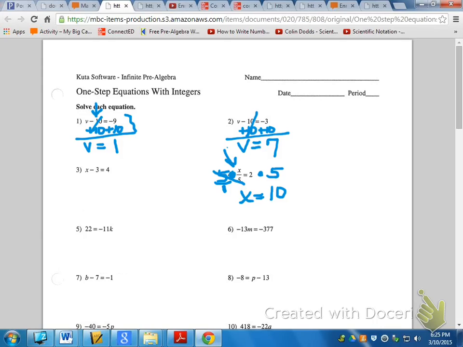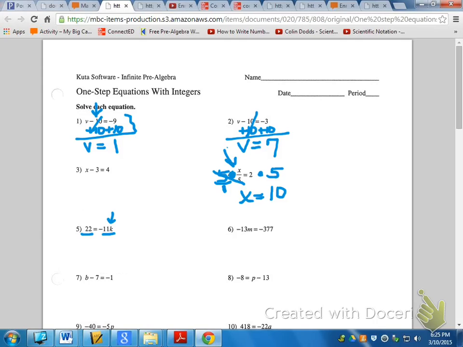Number 5, it's 22 equals negative 11k. Well, they've just got the k on the other side. There's nothing wrong with that. There's no rule that it has to be on the left. But this is showing negative 11 times k. It's not minus 11 like we're subtracting 11 from k where we have to do addition. No, it's negative 11 times k. So we're going to undo the times with a division, and you show it just like this.